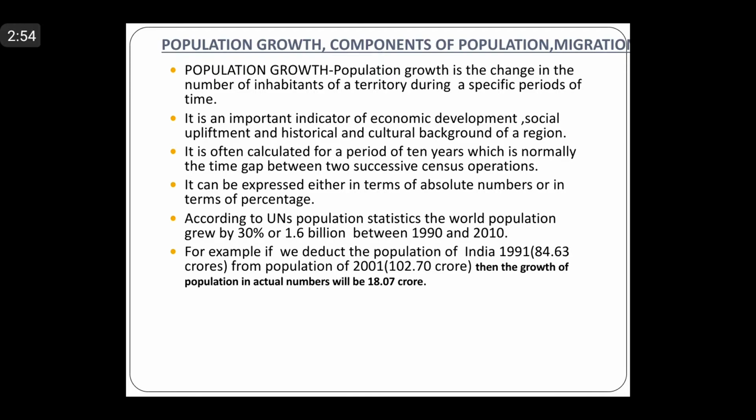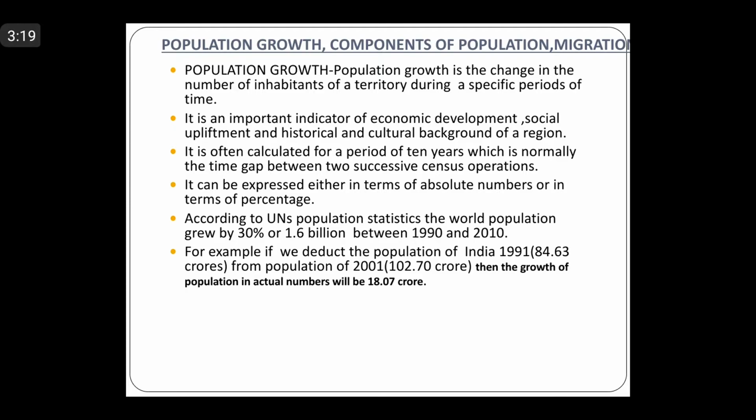For example, you take the population of 1991 from the later population of 2001, or you take the total population of 2001, the base population, and then the 2011 population, you simply have to subtract the population. Then this will give you the absolute increase.